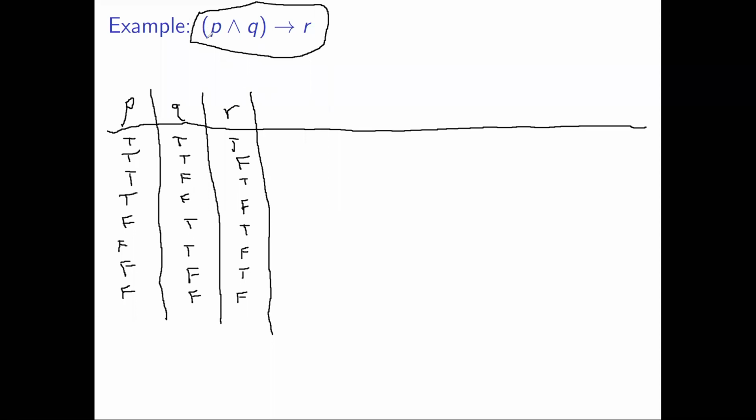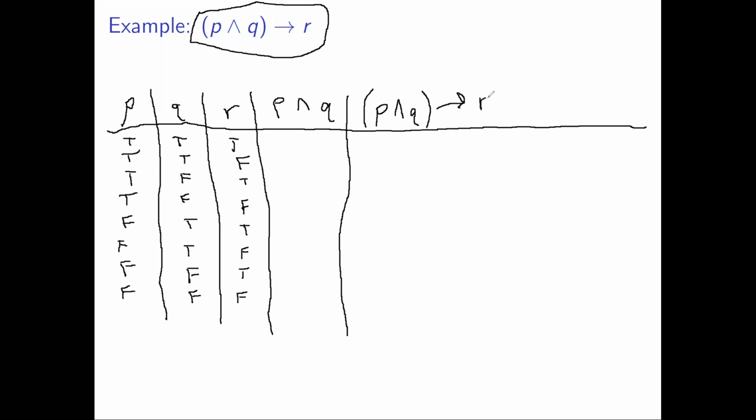There's also a sub proposition right here, the P and Q. And we can put a column for that, so we'll put it right here. So we have a column for P and Q, we have a column for R, and that'll be enough for us to evaluate the column P and Q implies R.